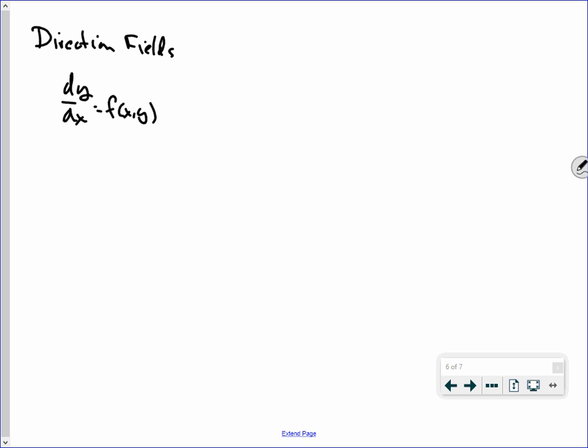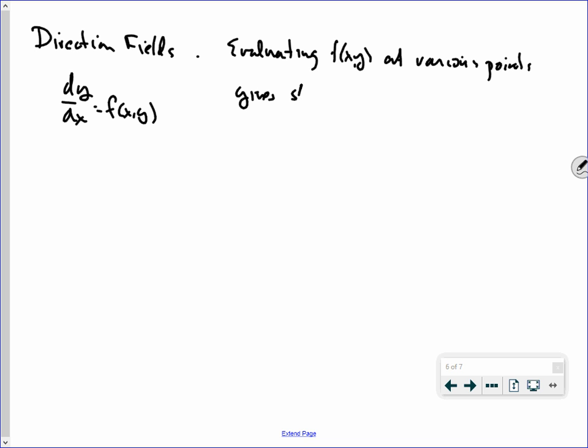So if you evaluate f of x, y, whatever that formula is, at various points, then what you will get is the slope of the tangent lines at different points. Not just tangent lines to the solution.